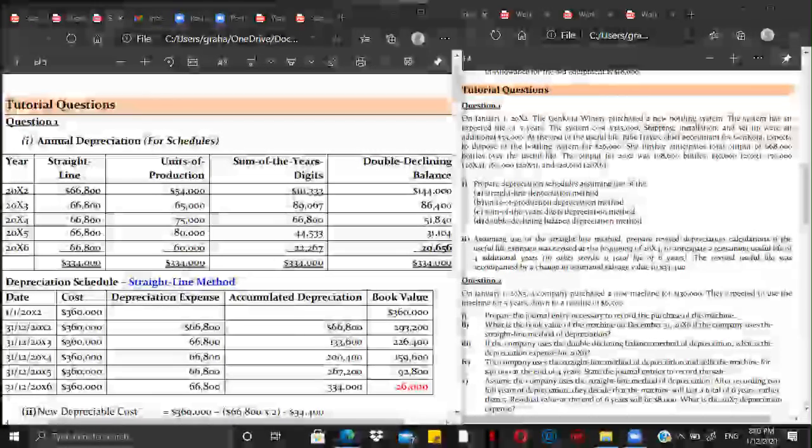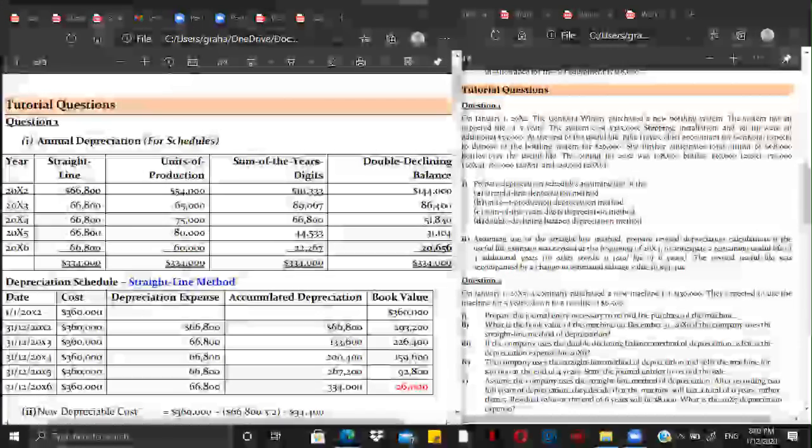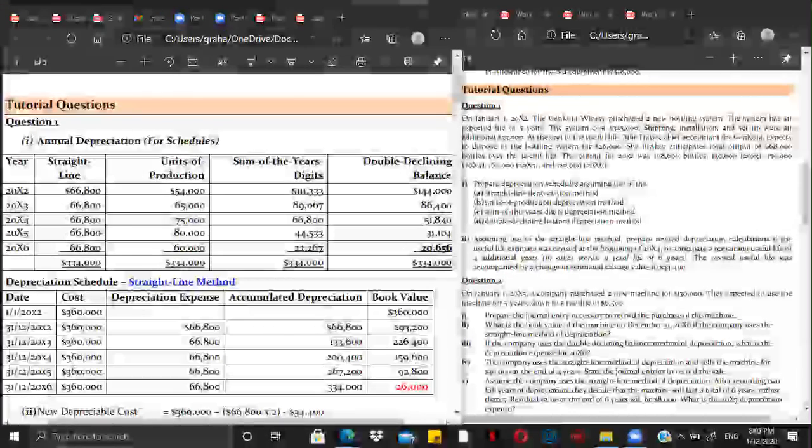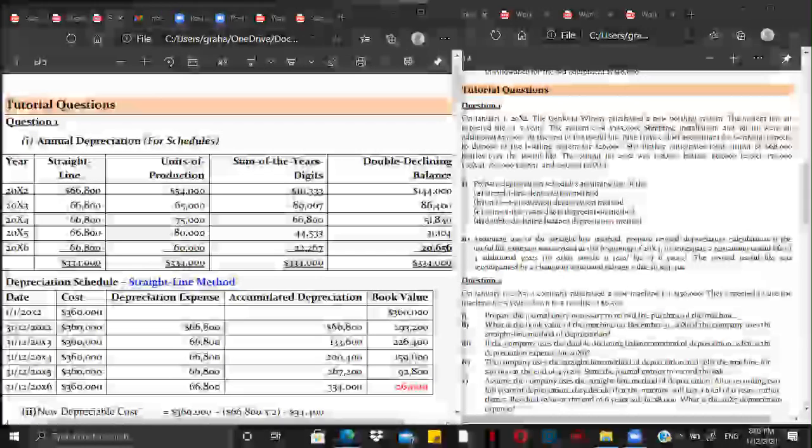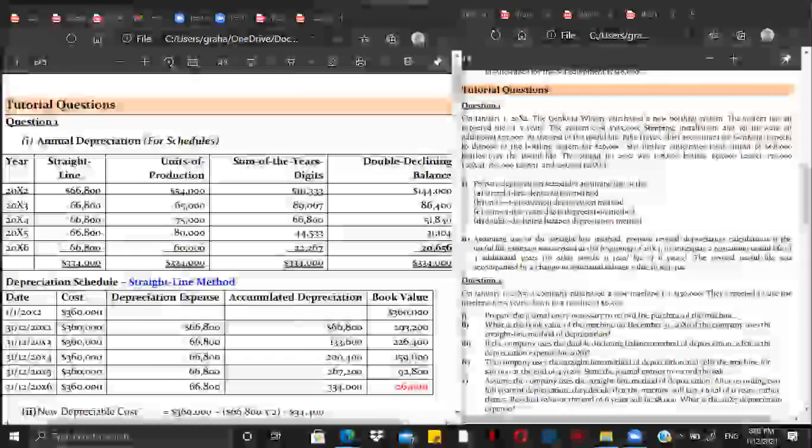So before you go into any depreciation question or calculate the depreciation schedule, there are three things you should consider first: the capitalized cost, the economic life, and the residual value. It's important to note that the capitalized cost is not only the cost that you pay for the asset, but it also includes financing of the asset.